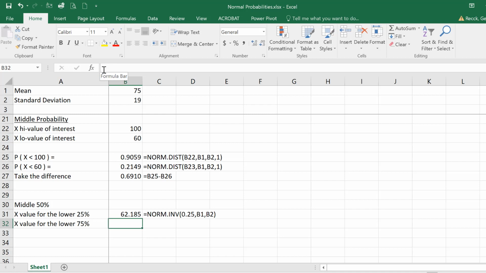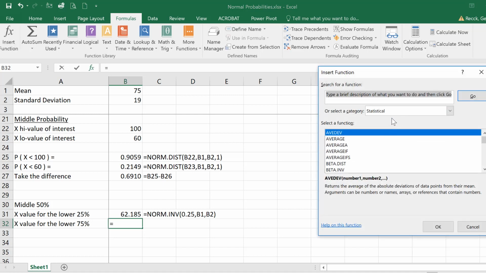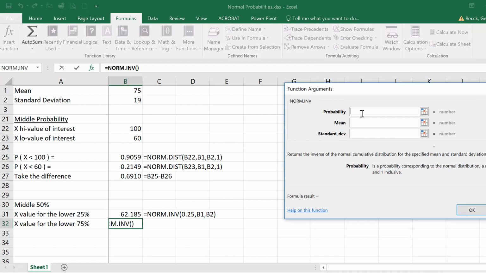The middle 50%. We'll repeat that process. Formula, insert function. Again, we can go back to most recently used. There it is right on top. The probability in this example will be 75% or 0.75. Notice our mean and standard deviation are still in B1 and B2.